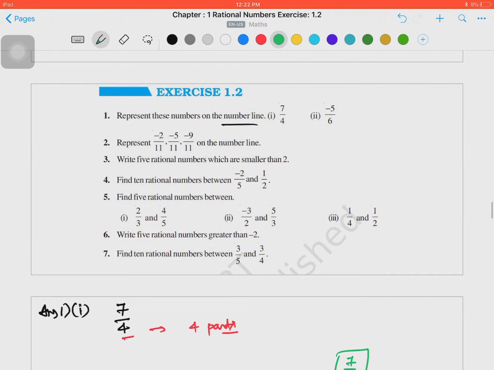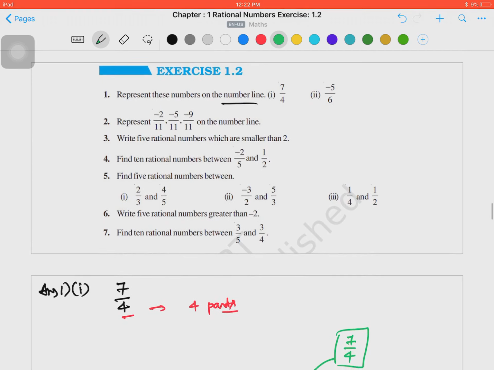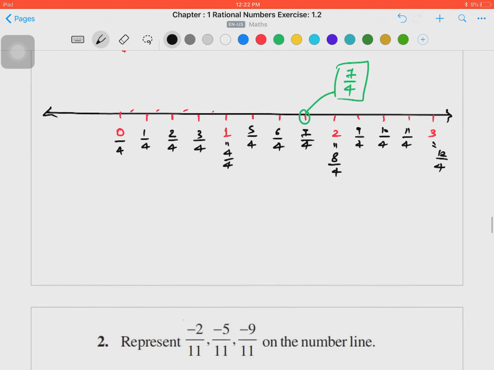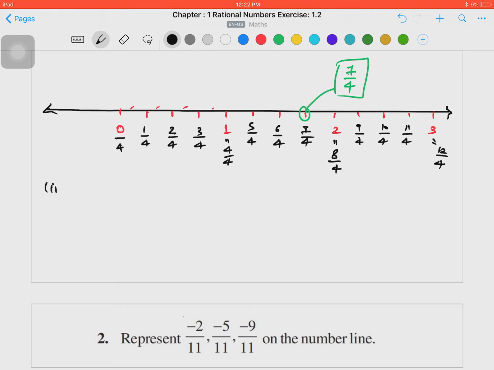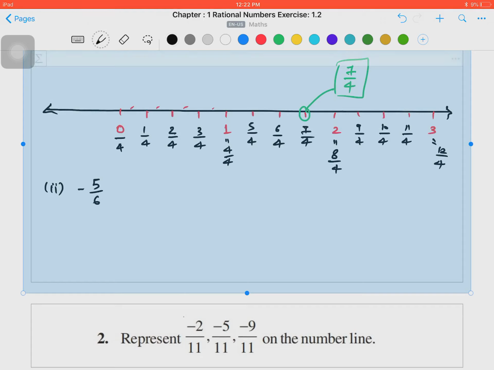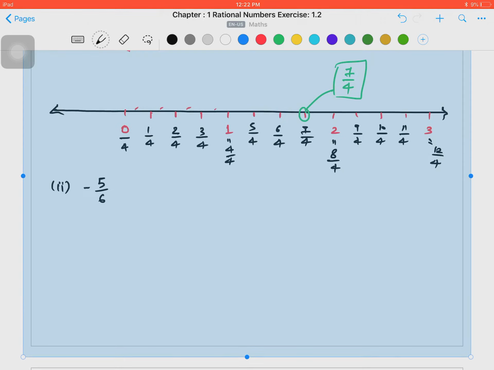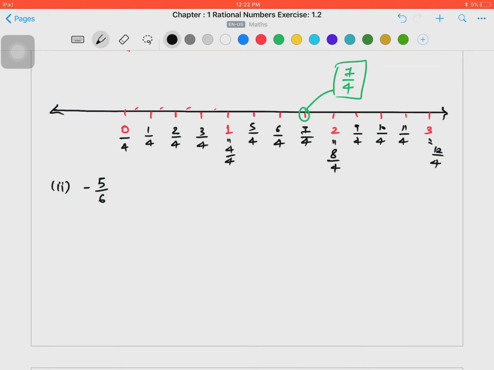Next we are asked to represent the second number, minus 5 by 6. Again we'll start by drawing a straight line that will be our number line.